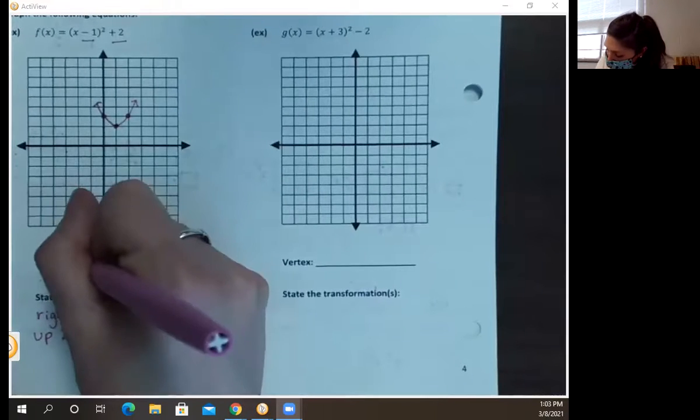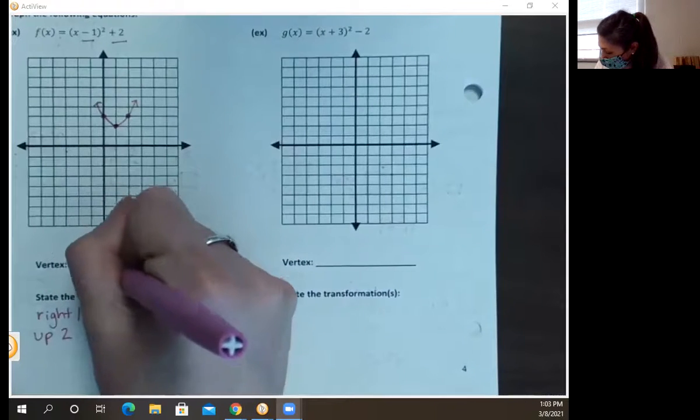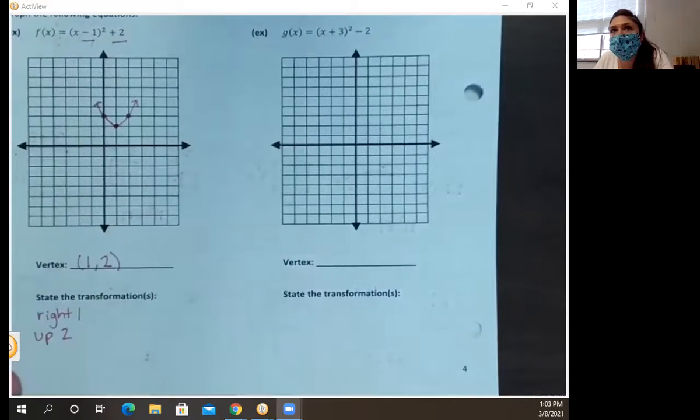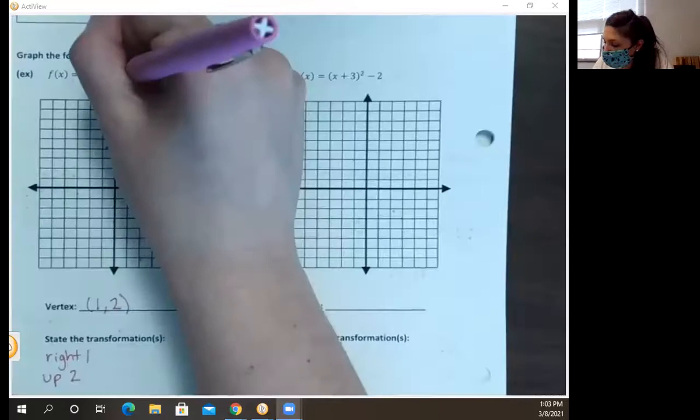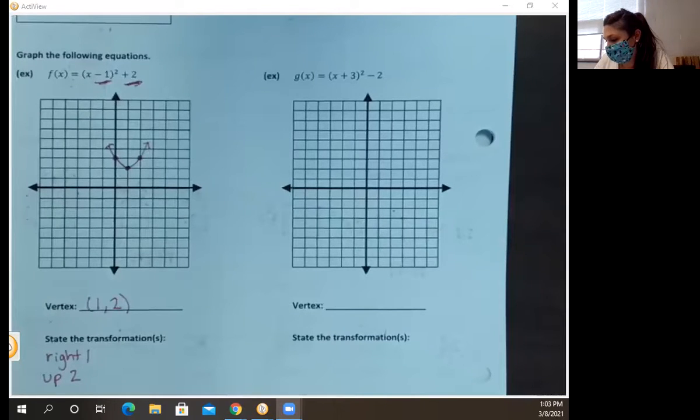My vertex for this function is at 1, 2. And I want you to notice that I see 1 and 2 in my function. Questions on that first example?